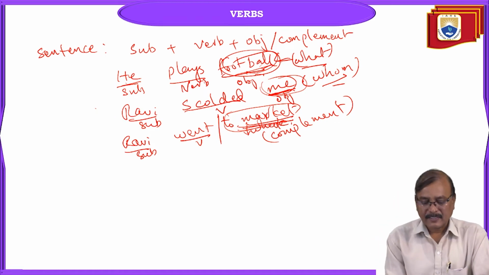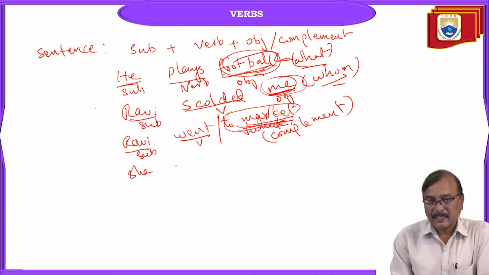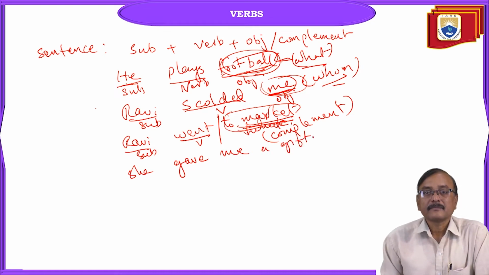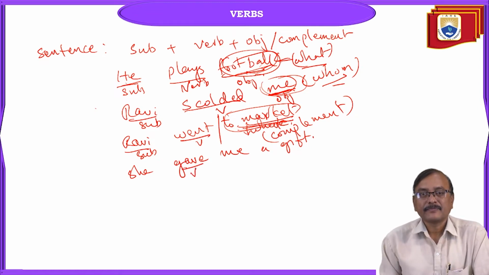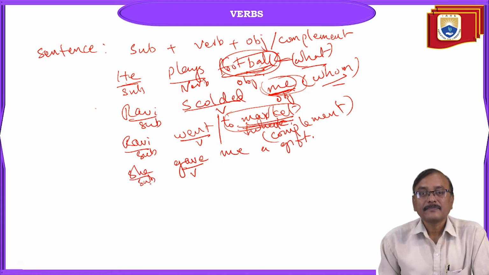And sometimes, see this sentence: She gave me a present, a gift. In this sentence, what is the verb? Gave. What is the subject? She. She gave.